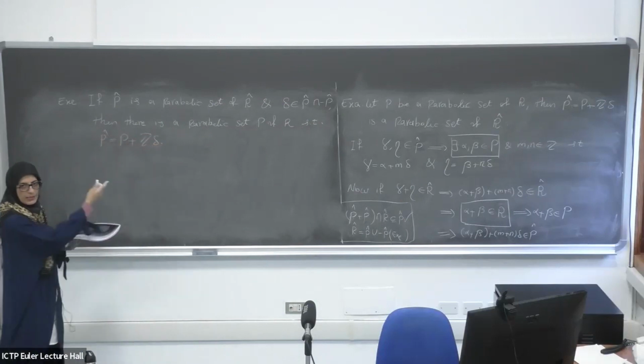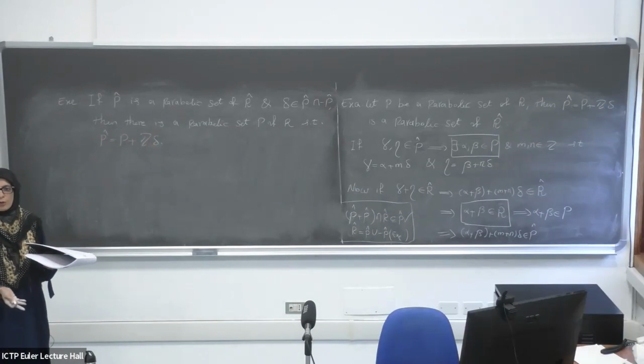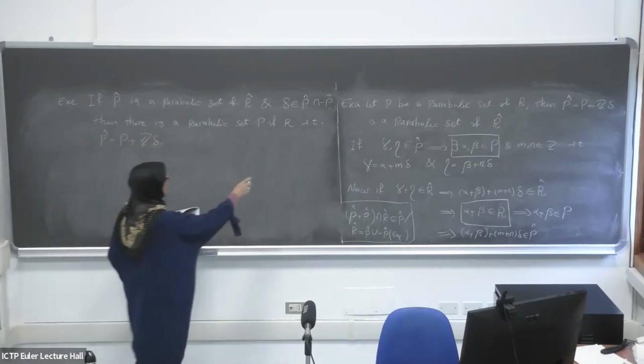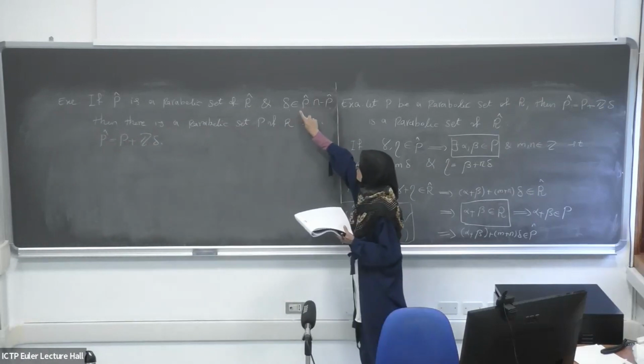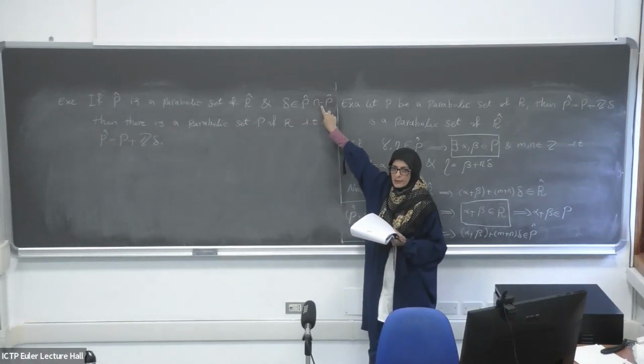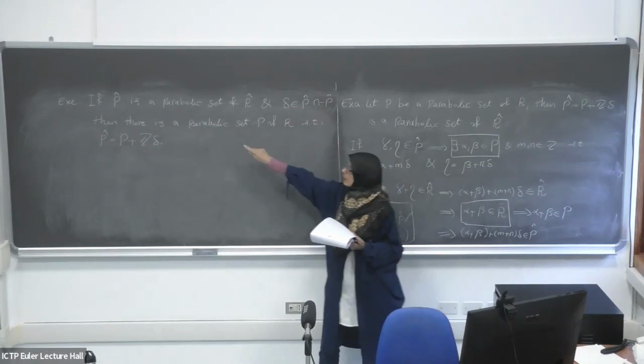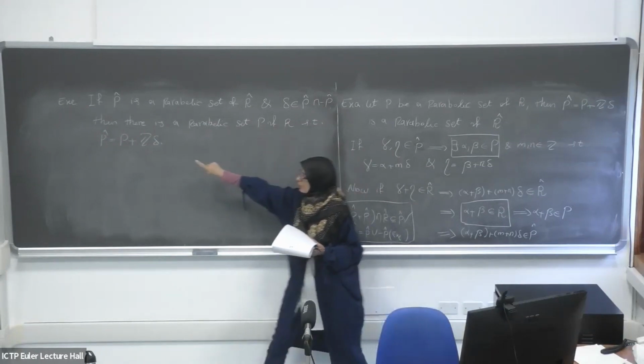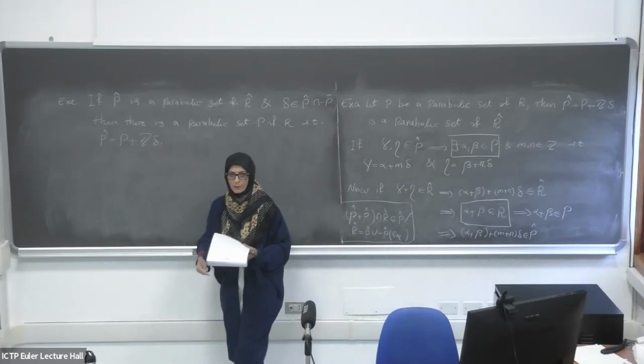So in fact, that example will cover all parabolic subsets of R hat with this condition. If delta is an element of P hat intersection minus P hat, then for sure there is a parabolic set of R such that P hat is P plus Z delta.